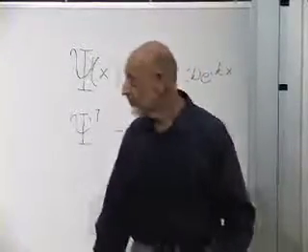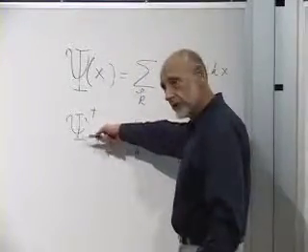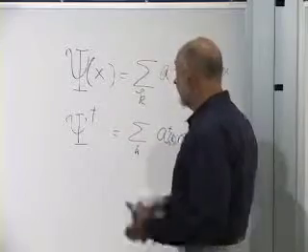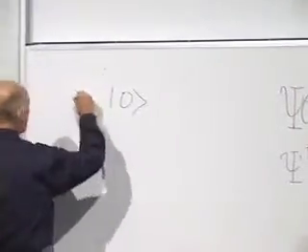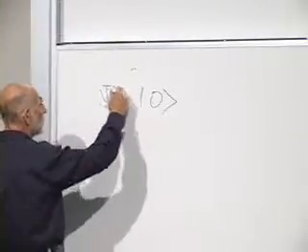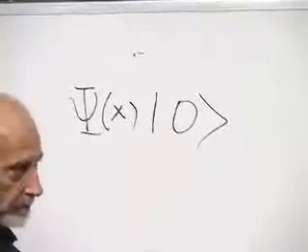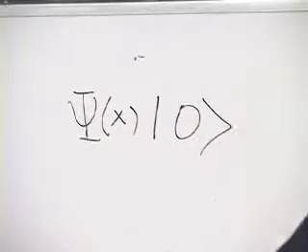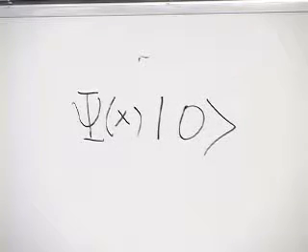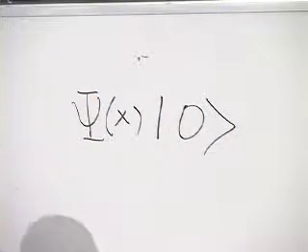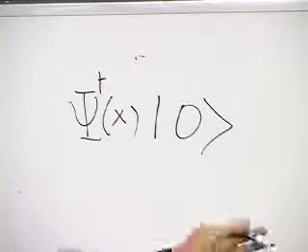No state at all. But let's take the creation object psi dagger and act on this. All we have to do now is follow our nose, psi dagger of x, where x is some particular value of position, some specific value of position. Let's see what it does. Well, we just substitute for psi dagger.